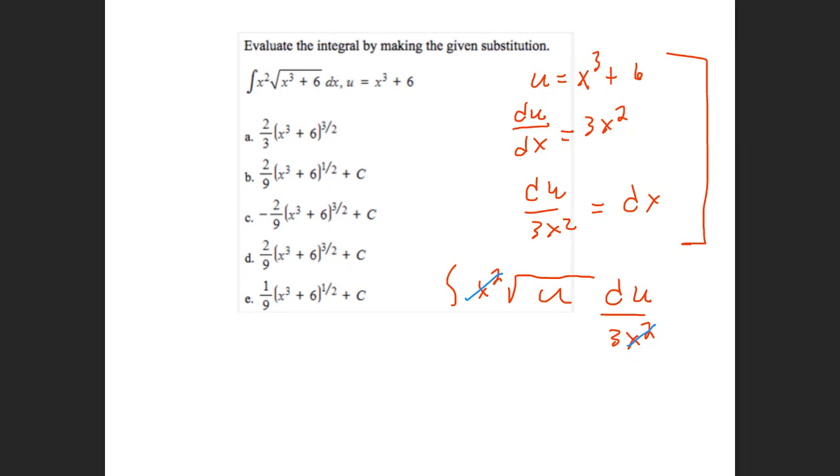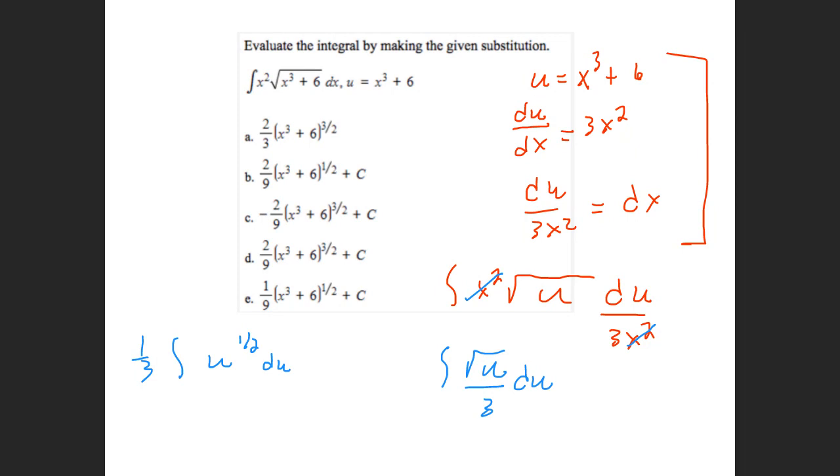So now what I really have is the integral of the square root of u over 3 du. I'm just going to pull that 3 out. So I've got 1/3 the integral of u to the 1/2 du. Okay, so now see how we have u's to take the integral of, but we don't have any x's left.